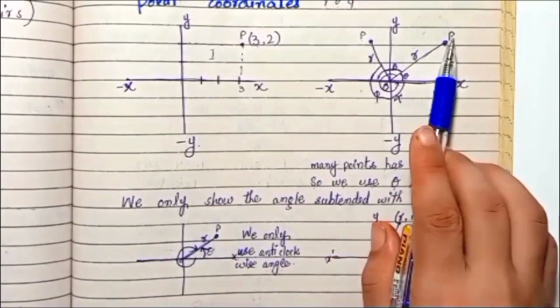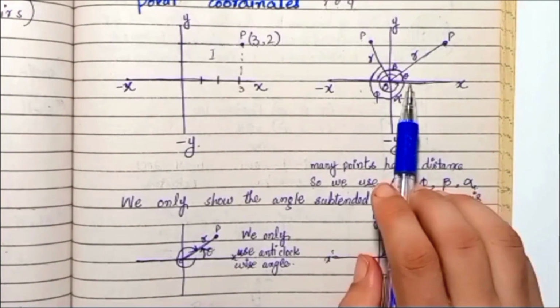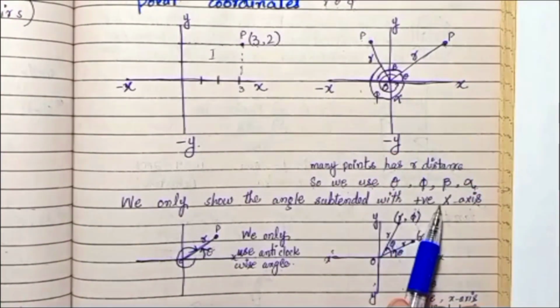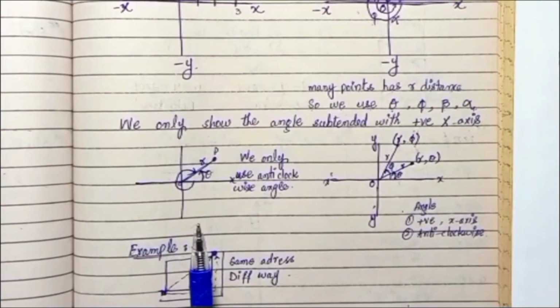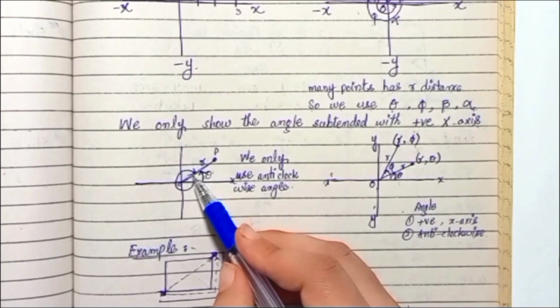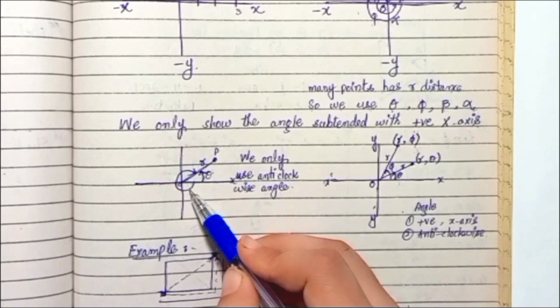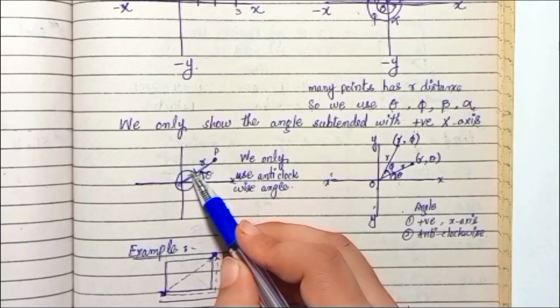The position of any point can best be described in terms of the distance r and the angle subtended by the line from the positive x-axis. This is point P, which is at the distance r from origin O, and theta is the angle subtended by this line from the positive x-axis in the anti-clockwise direction.